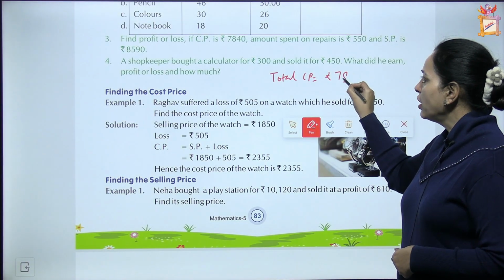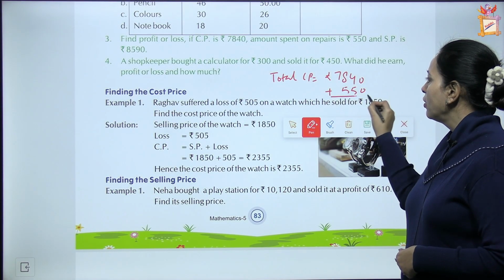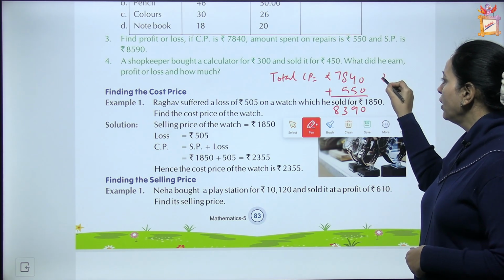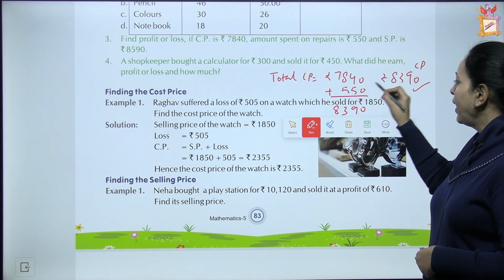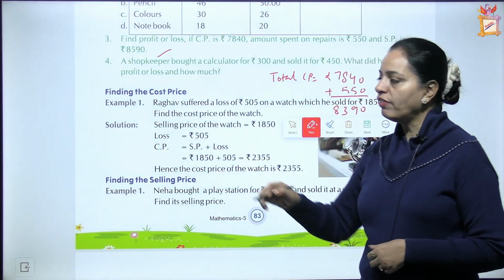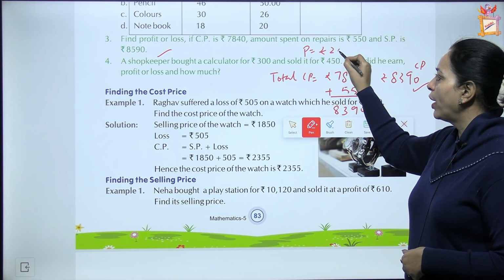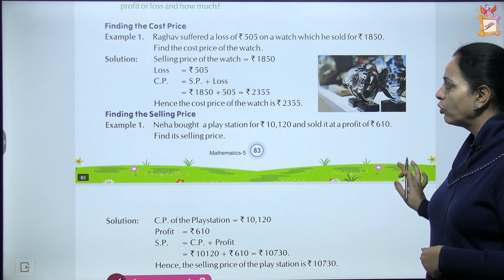So 7,840 plus 550. So this is 8,390 is the CP and SP is 8,590. So we have profit ₹200. Okay, so I hope remaining questions you can try on your own.